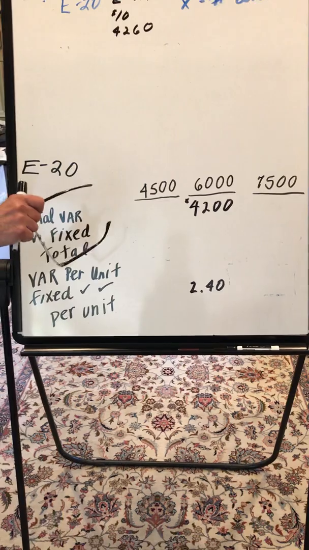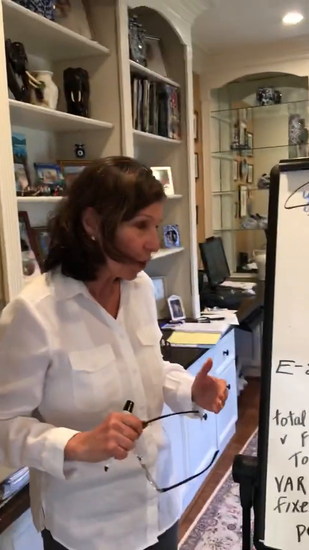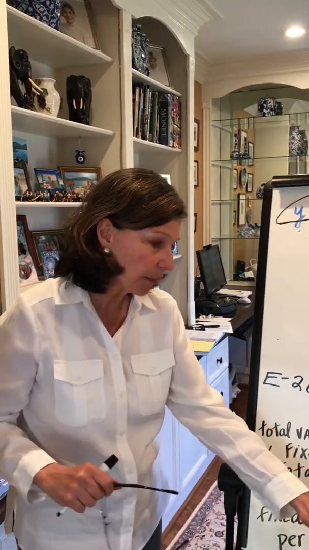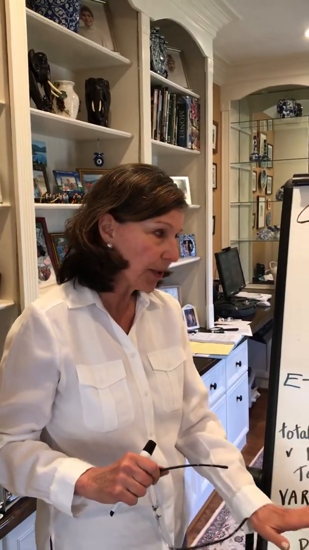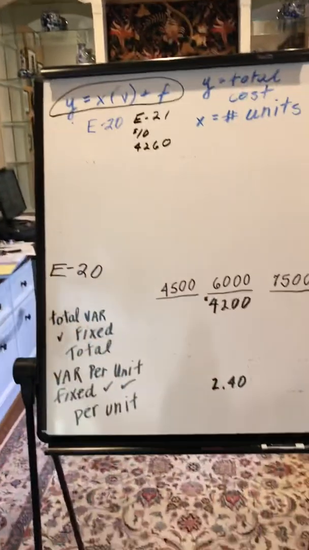One of the reasons I like this problem is because it makes you think about variable costs and fixed costs: how variable cost per unit will stay the same and fixed cost per unit will go down when we're doing a chart like this.